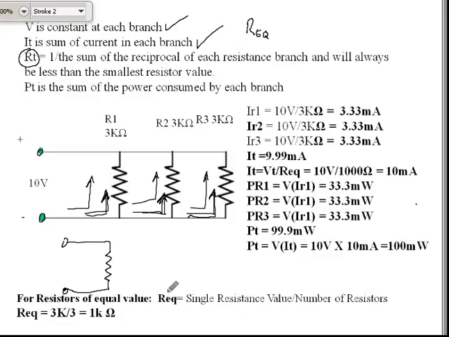So instead of RT, that should be R equivalent. The equivalent resistance is equal to 1 over the sum of the reciprocal of each branch, or 1 over the sum of the conductance of each branch.